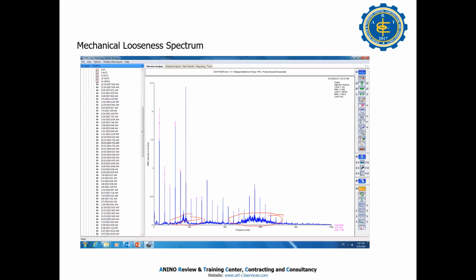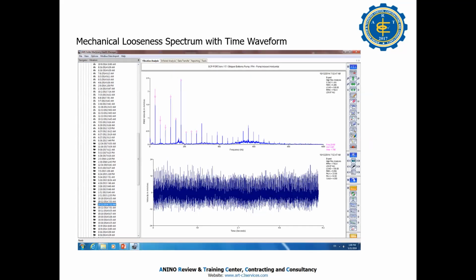That's good. So this is the time waveform of the looseness, with spikes and impacts. This is the spectrum of the looseness. See, there is a high raised noise floor. There are abnormal sounds from the bearing housing already because there is excessive clearance, the bearing is damaged already.